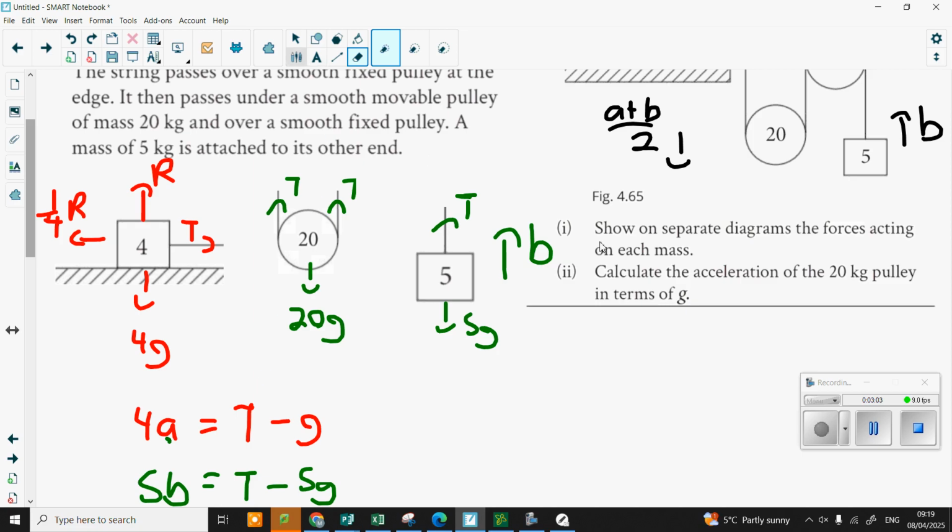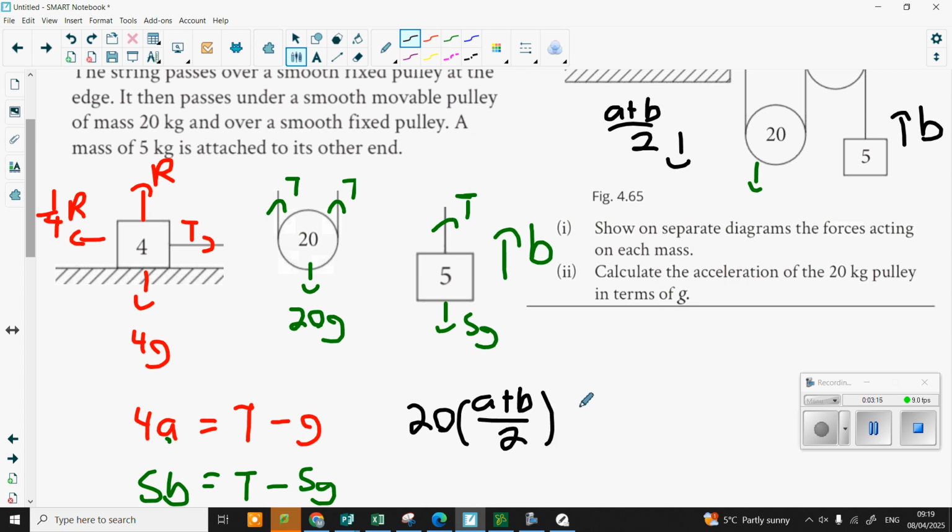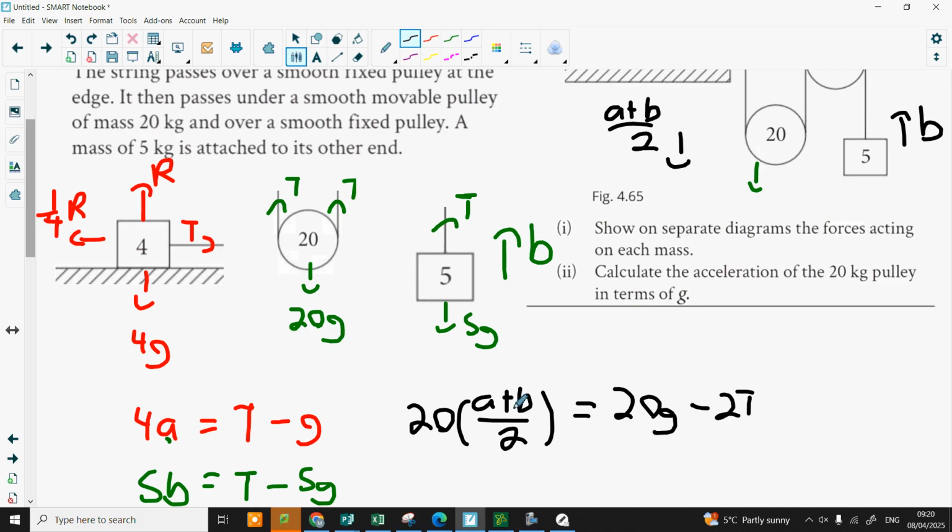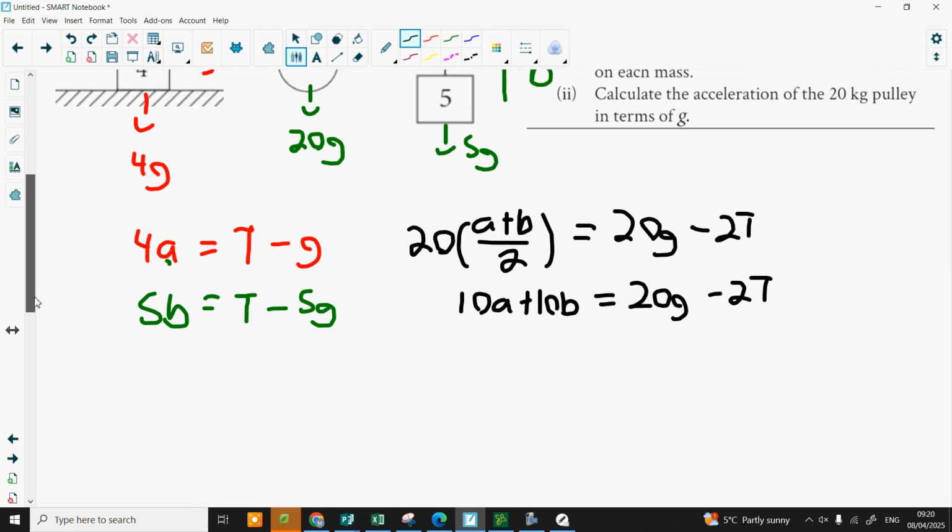And then the last one. It's definitely going down with A plus B over 2. So mass times acceleration, 20 times A plus B all over 2, downwards is, and then upwards, 2T this time, yeah? Okay. Multiply in by the 20 again, and what do we get? Equals 5G minus 2T. Now, this should be pretty handy.